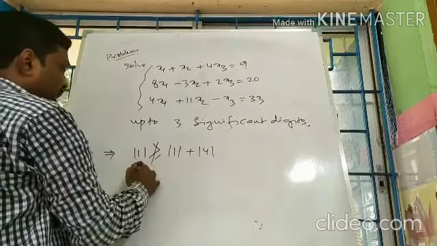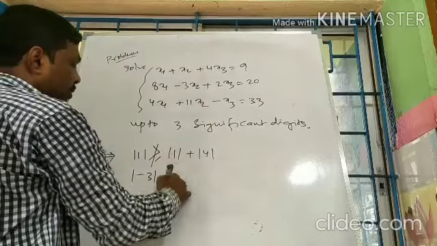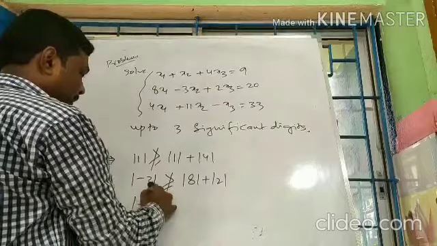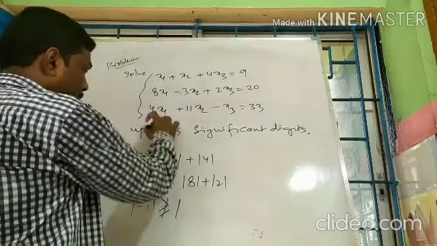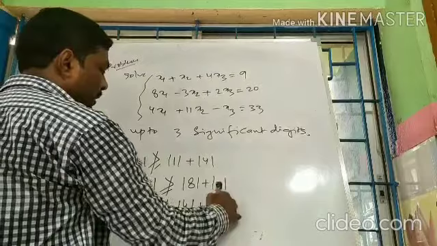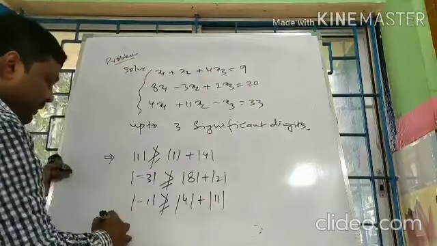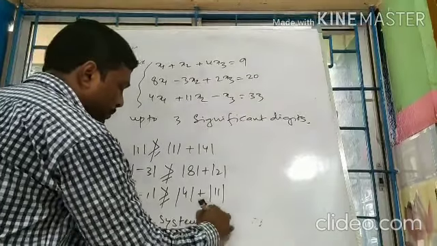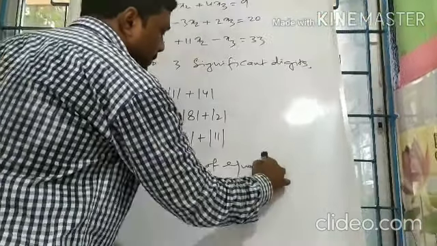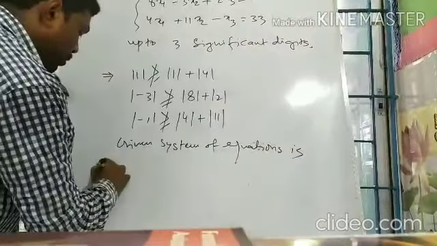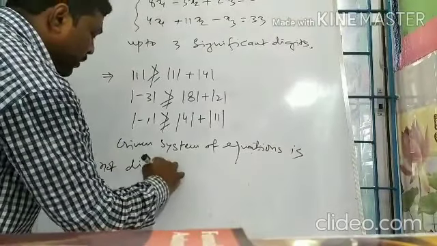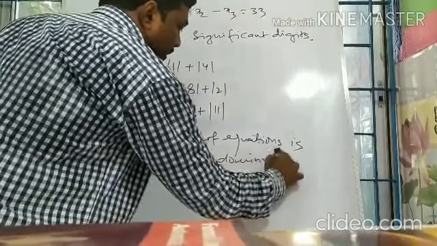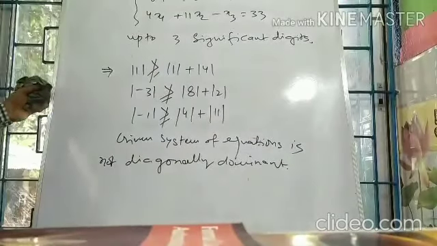Similarly, mod 3 is not greater than or equal to mod 8 plus mod 2, and mod minus 1 is not greater than or equal to mod 4 plus mod 11. So the given system of equations is not diagonally dominant.